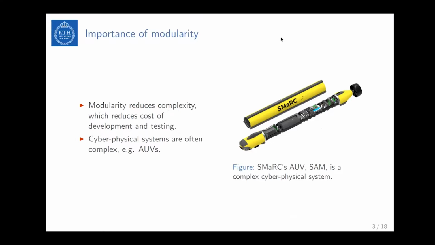And we know in an AUV, there's lots of different subsystems that interact with each other in different ways. Reducing complexity helps to reduce the cost of both development and testing, time, money, and it also makes it more explainable. You can understand how the system works more intuitively. So that's in essence why we're using behavior trees in this project.